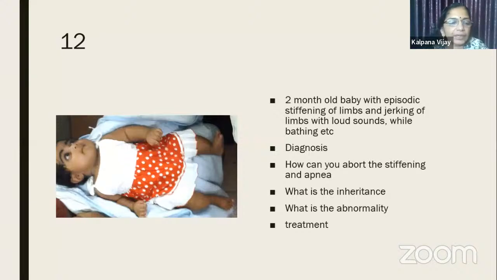And after 2 to 3 years, the number of episodes will come down and there will be just a startle, but the person will not fall. So you have to ask directly whether any one of the members have got increased startle in response to sound. That is very, very important. And also these children will have stiffening and on bathing, there will be startle. So it is very difficult to bathe these children.